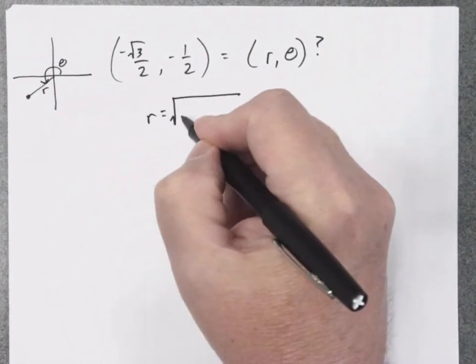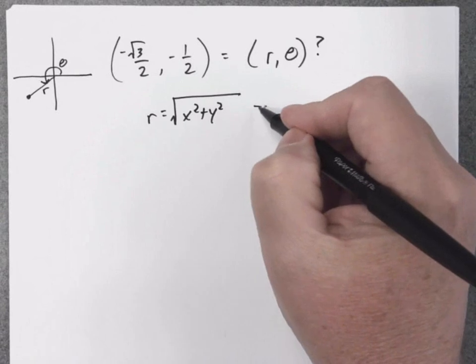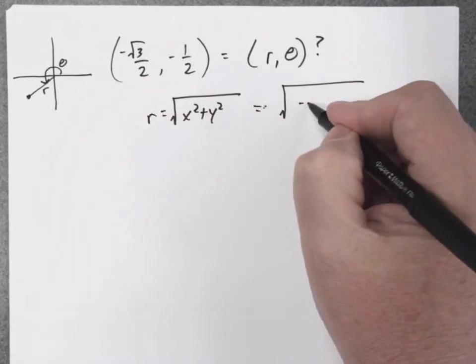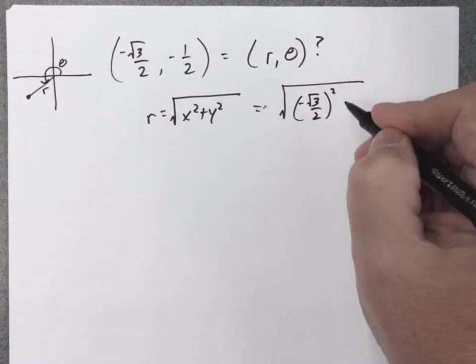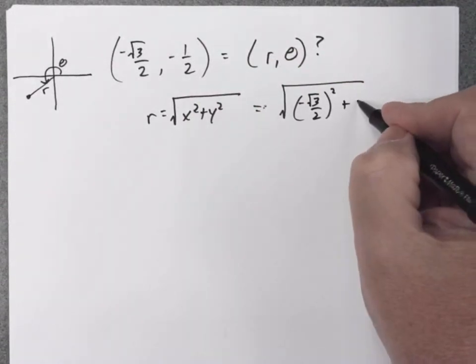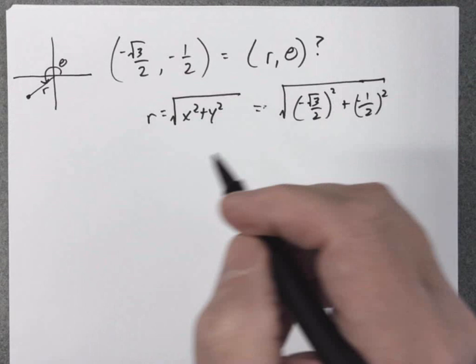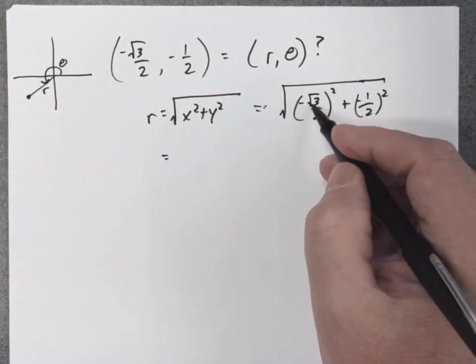We know r is the square root of x squared plus y squared. So negative square root of 3 over 2, that whole thing squared, plus y squared, negative 1/2 squared. So when you square square root of 3, you get 3.